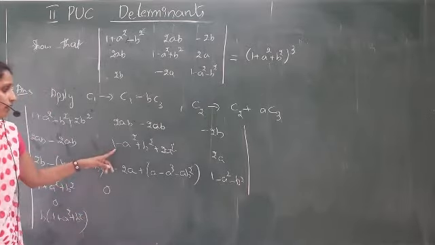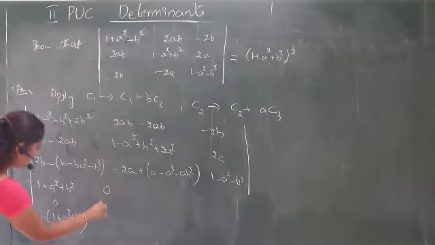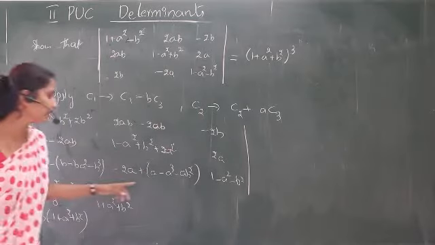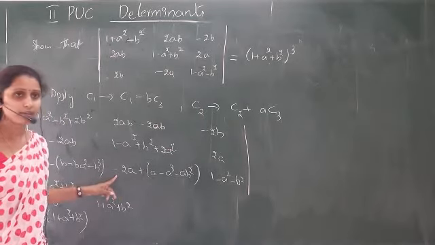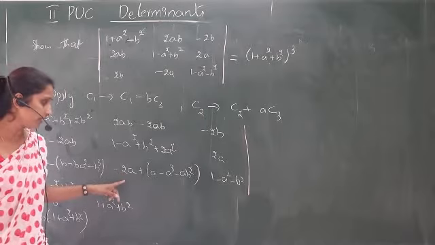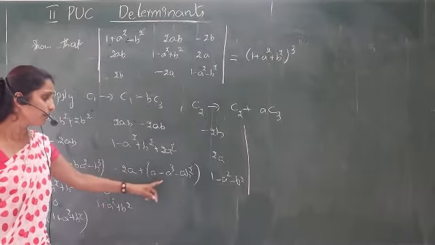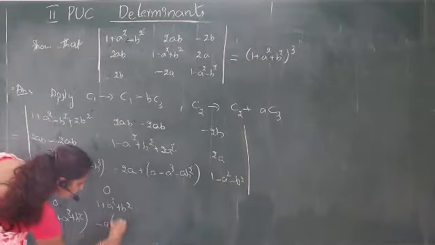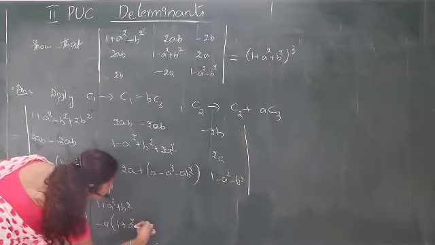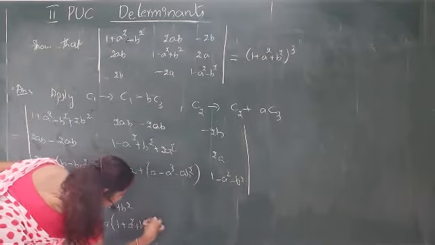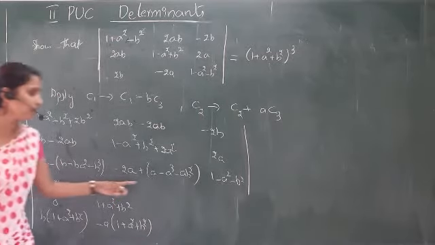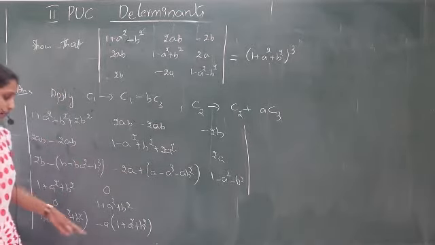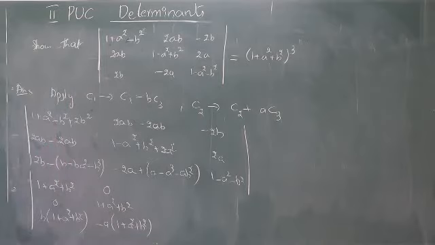And the next term is 1 minus A square plus 2A square, so 1 plus A square plus B square. Here A minus A cube minus AB square remains. So I'll take minus A outside, and 1 plus A square plus B square remains.